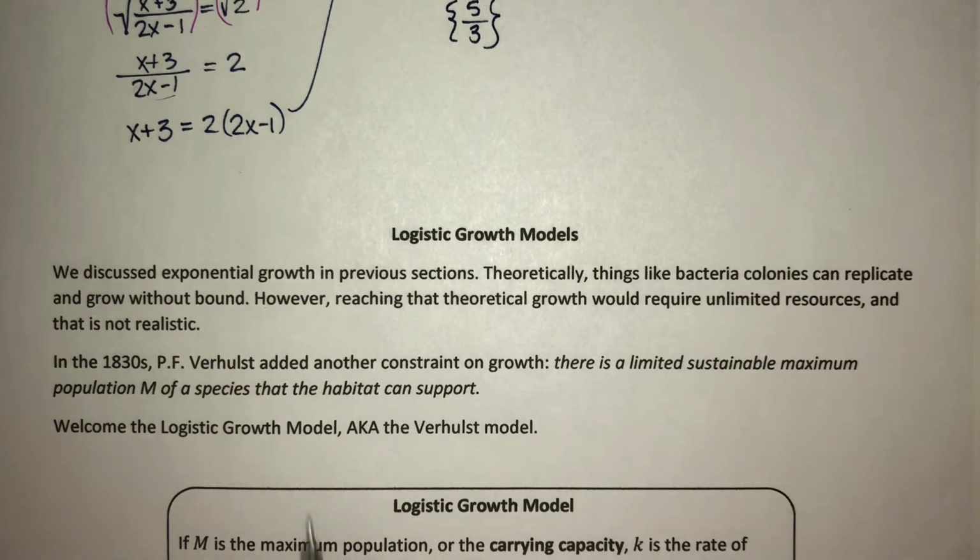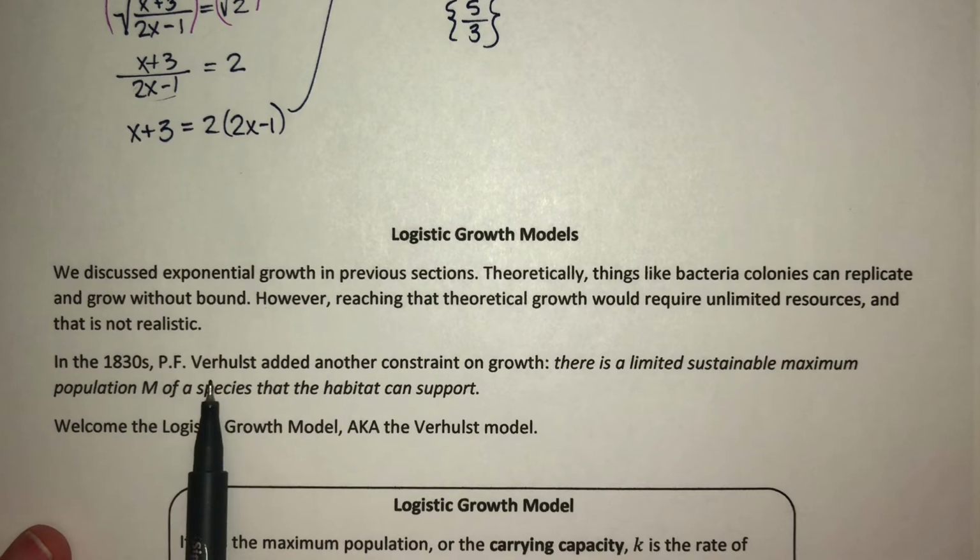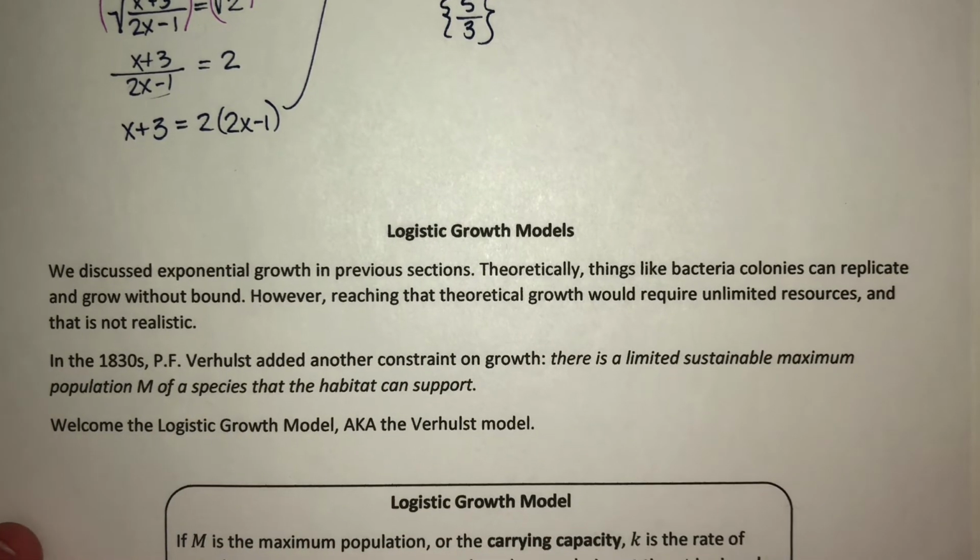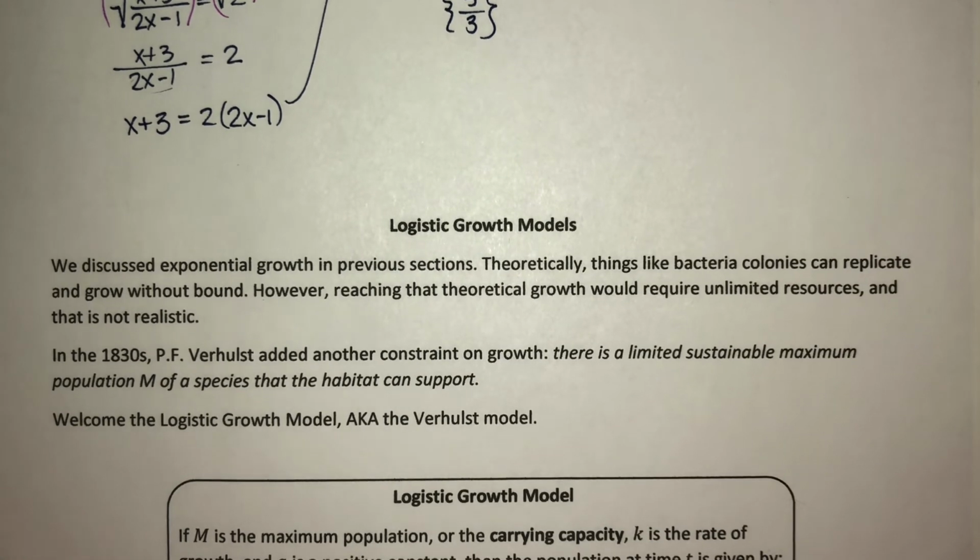And in the 1830s, this Belgian mathematician, Verhulst, added another constraint on growth, basically saying there is a limited, sustainable maximum population of a species that the habitat can support. At a certain point, you're going to run out of food and water and oxygen, all that kind of stuff.